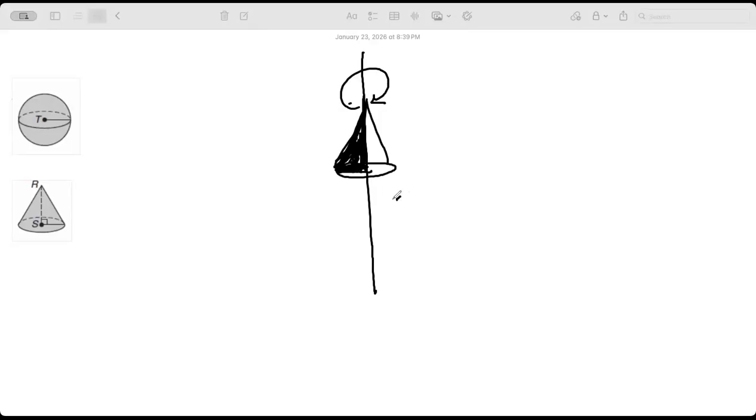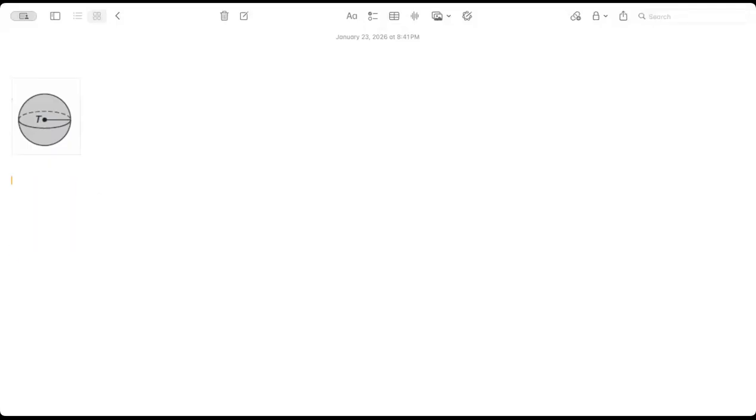So here, the solid of revolution is a cone. Makes sense? I want you to answer a few questions, because you should know, if you rotate a 2D object that I give you, what solid of revolution you get. Let's try this one.